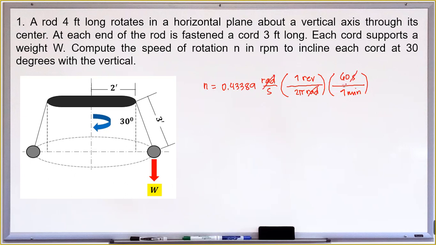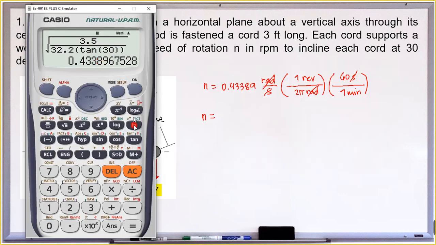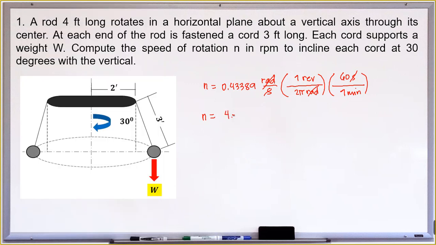So cancel the radian, cancel the second, and the final answer is in revolutions per minute. Store this: answer times 60 divided by 2 pi. So the answer is 4.14.